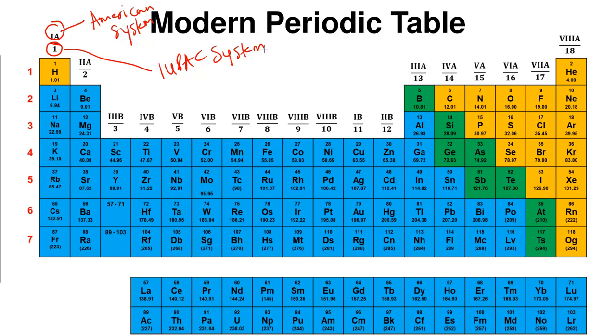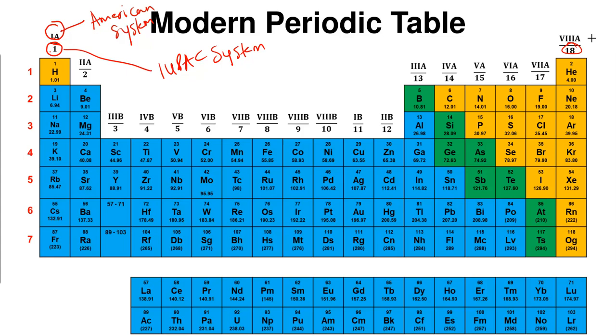Now, again, like I said, the IUPAC system goes from group 1 to group 18, whereas the American system goes from group 1A to group 8A. Now, if you want me to hand you a copy of this particular periodic table in class, I can.